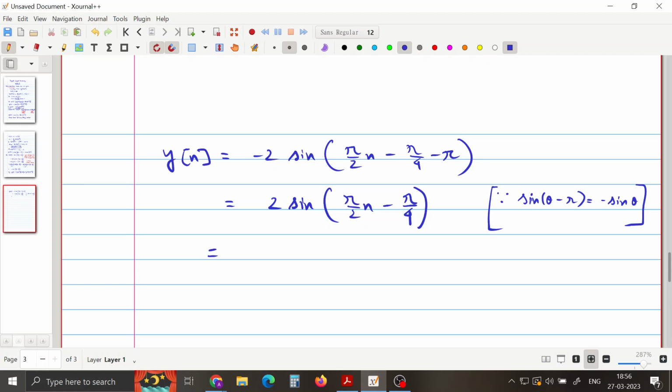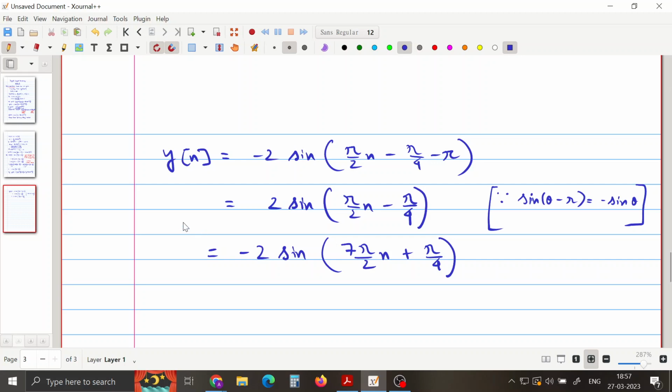Now if I want to express the final output with the same frequency as the input, that is my goal. So I can write this as minus 2 sine of 7 pi by 2 n plus pi by 4.